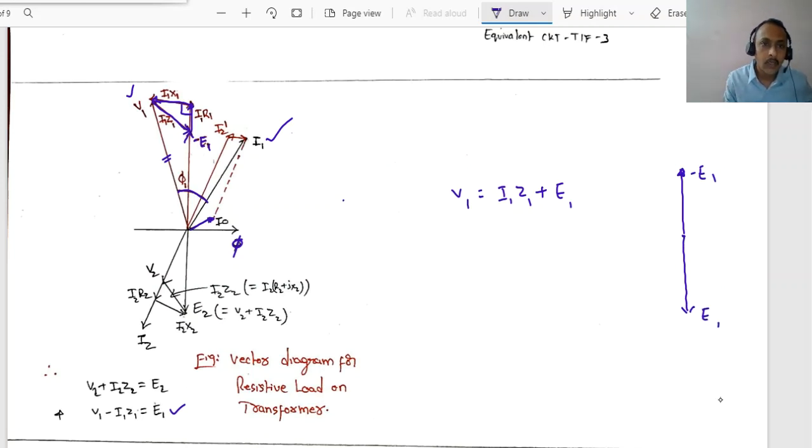Now this V1 minus I1 Z1 equals E1. That is what we are getting here. This is V1.